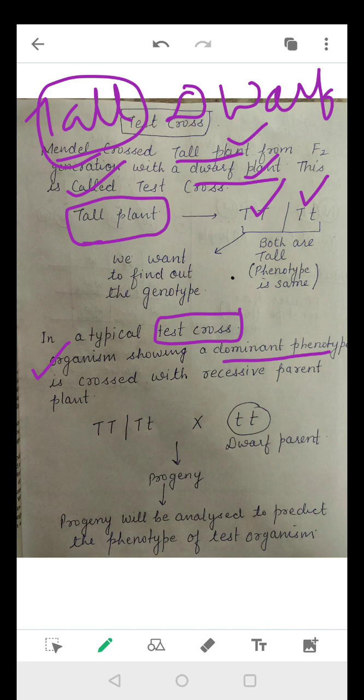Tall is a dominant phenotype, right? And dwarf is a recessive phenotype. So if the plant is showing dominant phenotype, it is to be crossed with recessive parent plant. Okay, it is to be crossed with recessive parent plant.